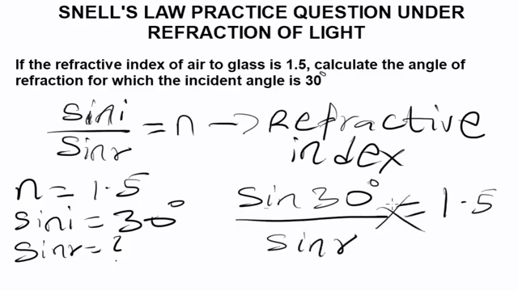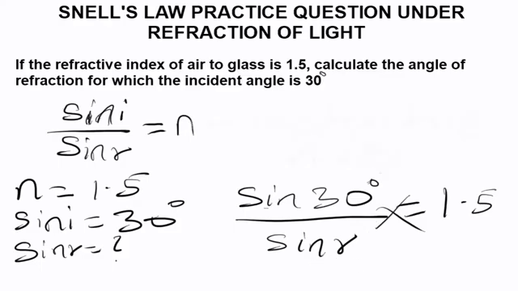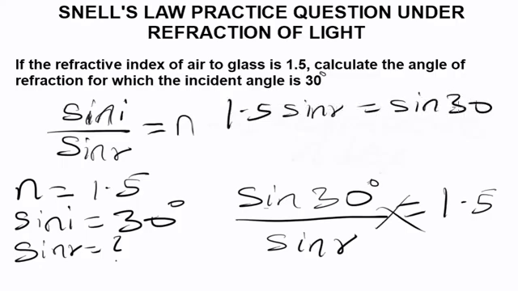So you cross multiply, and we have 1.5 sine r equals sine 30, which is 0.5.